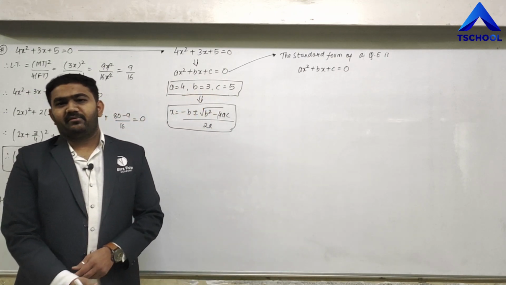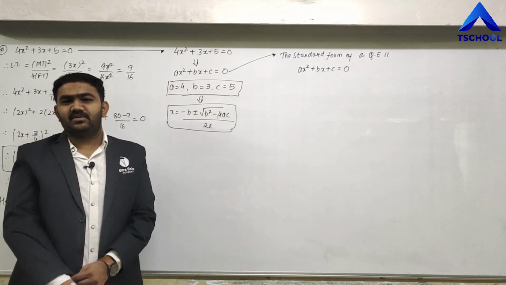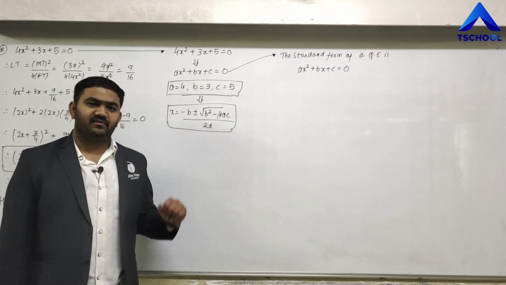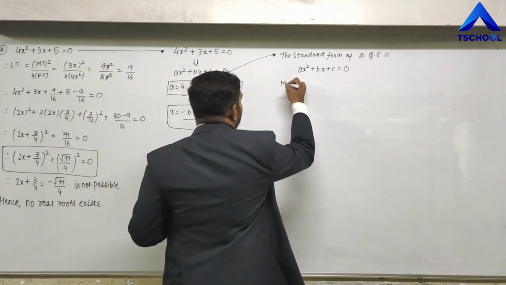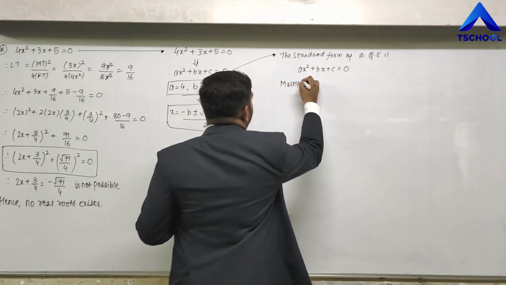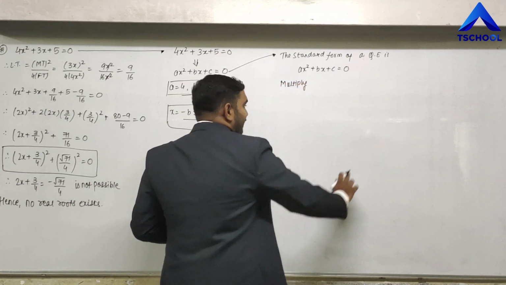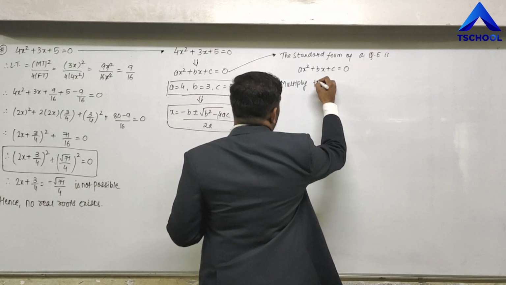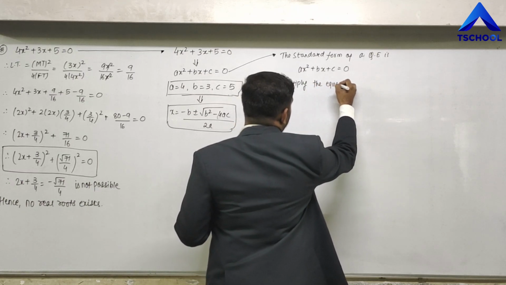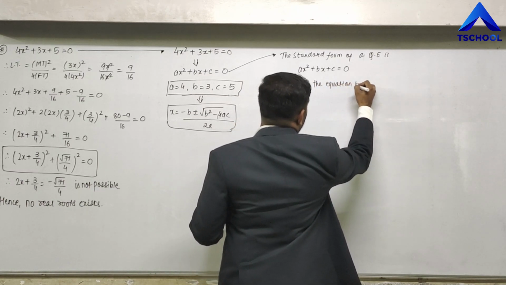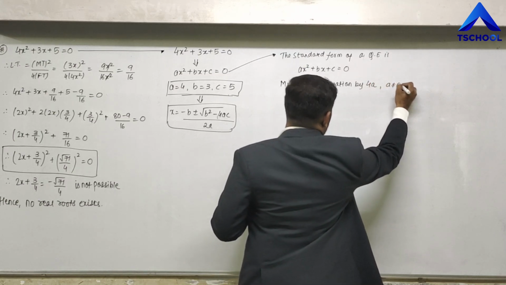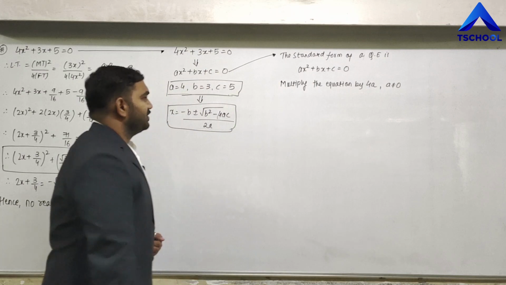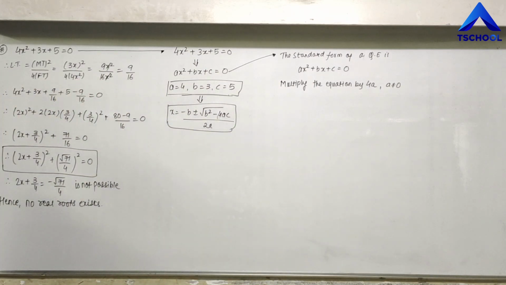So what to do now is check whether the first term is a perfect square or not. See, the first term is not a perfect square, so rather than multiplying by a, we shall multiply the equation by 4a, given a is not equal to 0, right?